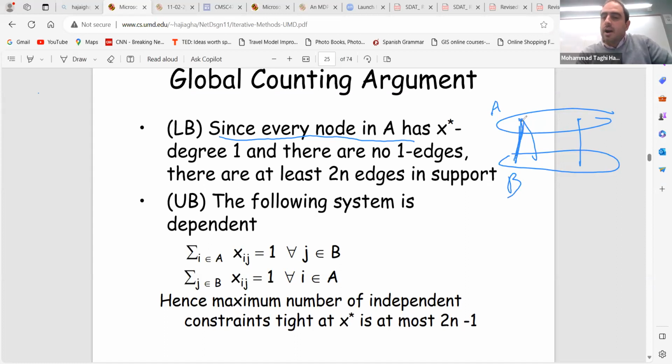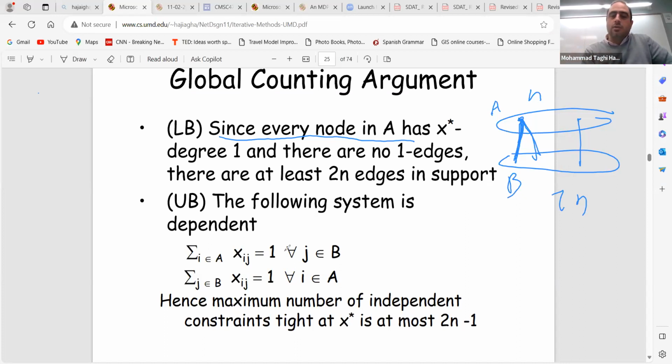None of these are integral, correct? Everything is between 0 and 1. And this sum should be at least 1. What's the meaning of that? It means that each vertex should have at least 2 fractional edges. How many edges should I have in total? I have n vertices here, each of them should have at least 2, so I should have 2n edges. 2n edges are the number of variables that I have. Now, I only need to say that the number of independent constraints that I have which are tight should be less than 2n, and I'm done.